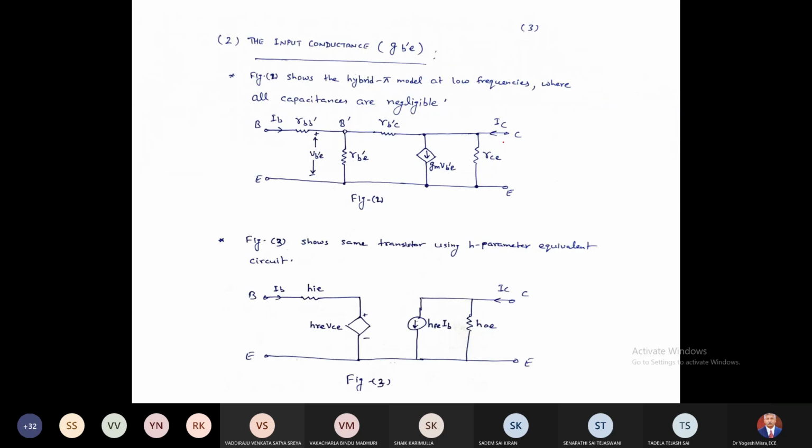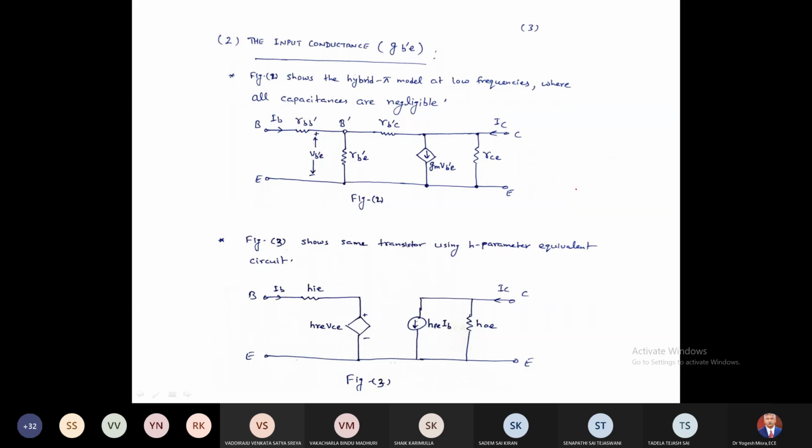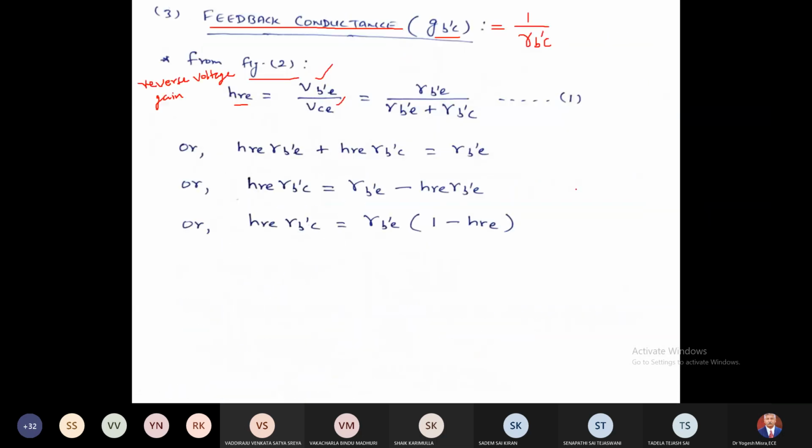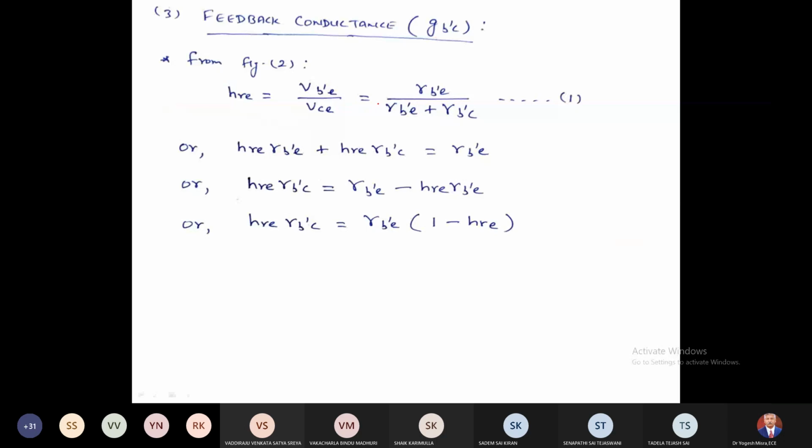I am talking about this figure. Okay, here I will draw. This is VCE. Right. So HRE is input voltage VB'E by output voltage VCE. And this is equal to this expression.